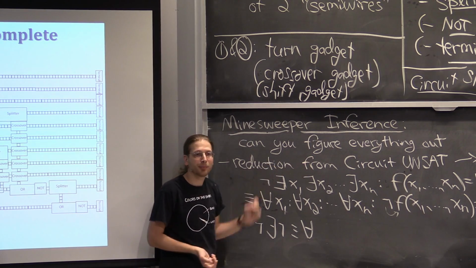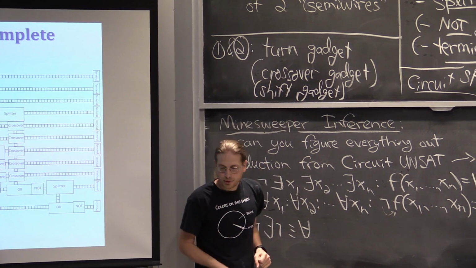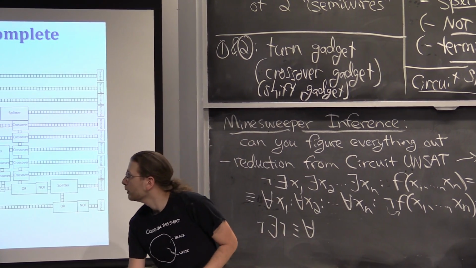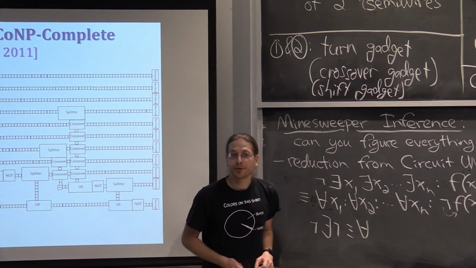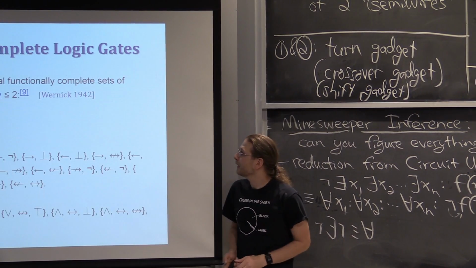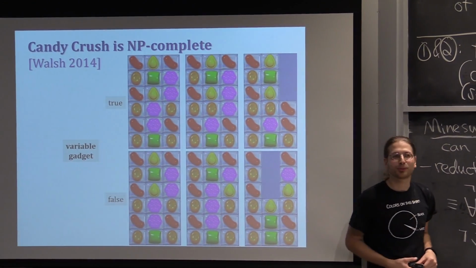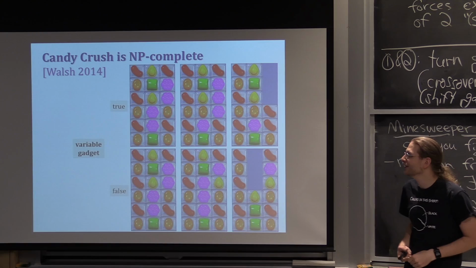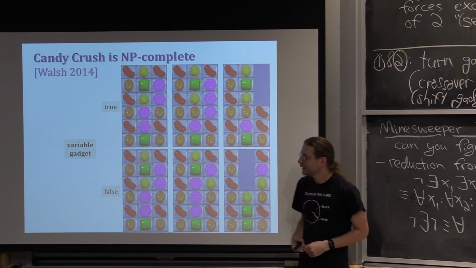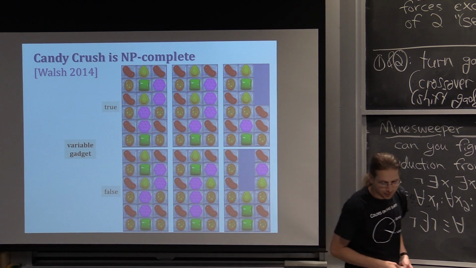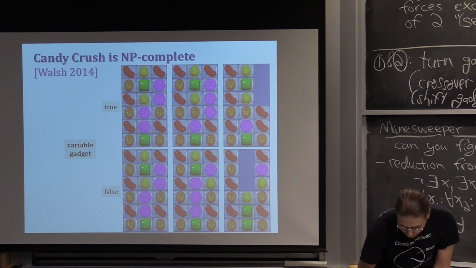We just start with different problems. Cool. So that was Minesweeper. And functional completeness. I have one more, well, sort of two more proofs. Only one that I will talk about in detail for Candy Crush, and soon enough, Bejeweled.